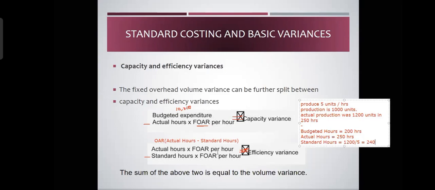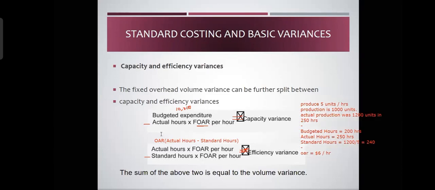Now, in the same data, suppose they tell you that your fixed overhead absorption rate, OAR, is $6 per hour. So how do you calculate your efficiency variance? OAR is 6, multiplied by actual hours taken, 250, minus standard hours, which is how much it should have been, 240. Then 10 multiplied by 6, so $60 adverse.